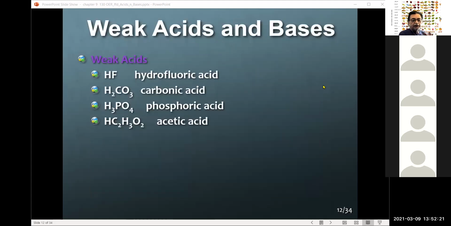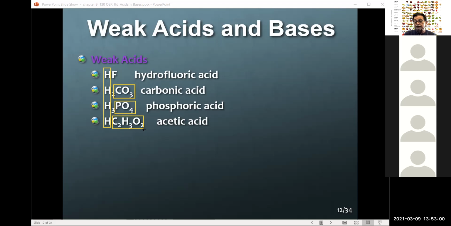Some examples of the weak acids and weak bases I mentioned: hydrofluoric acid, carbonic acid, phosphoric acid, and acetic acid. Notice how they're written with the H up front. And check this out, CO3 minus 2, carbonate. PO4 minus 3, phosphate. C2H3O2 negative, acetate.